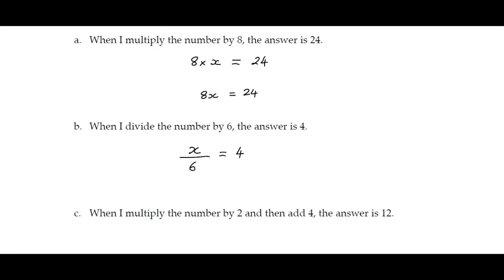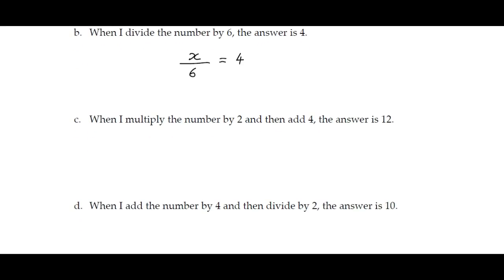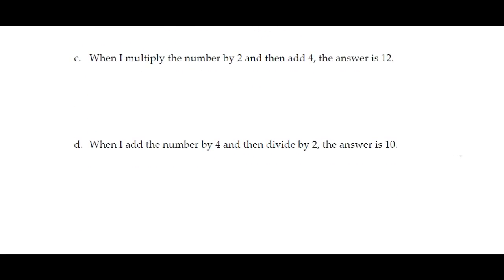So all we're doing at the moment is developing equations from the information given to us. Let's move on to part C. Part C tells us when I multiply the number by 2 and then add 4, the answer is 12. So we're actually having a two-step equation here. Let's start with the first step.